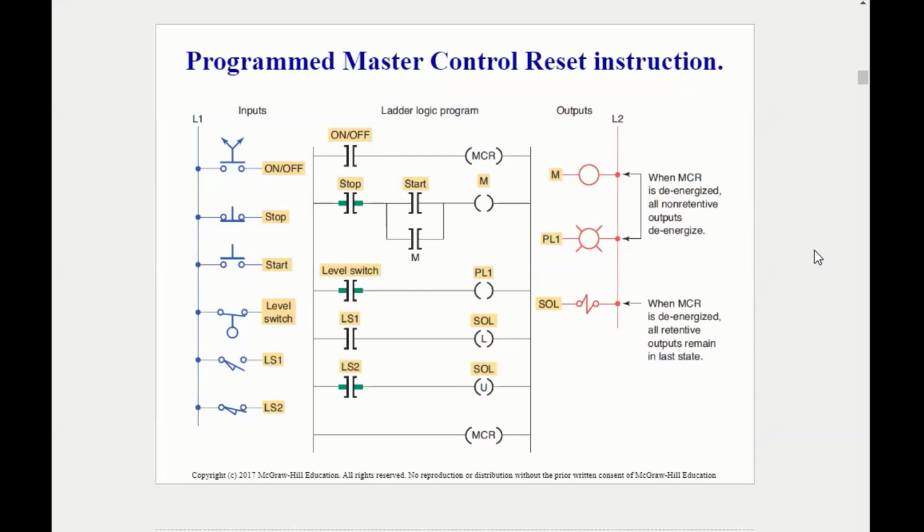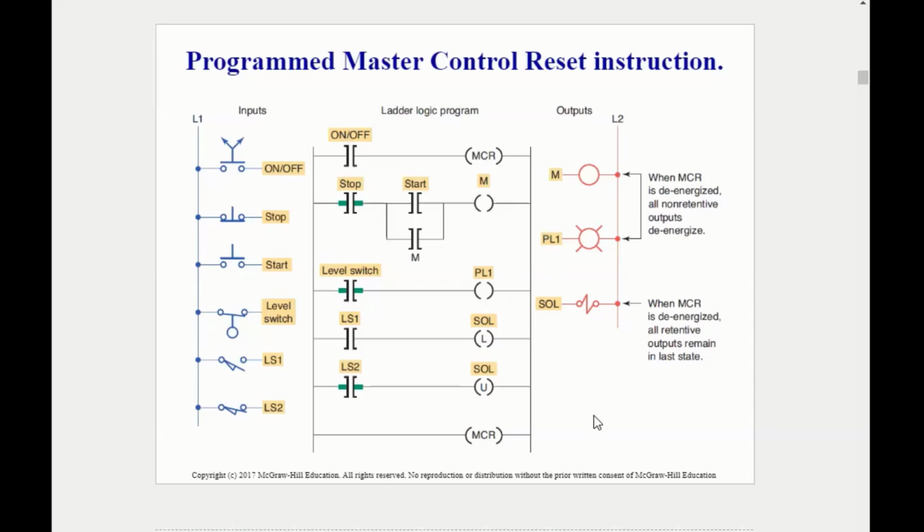Here is a program master control reset instruction. You can see it right here, at the beginning of the whole thing. If that MCR is not engaged, nothing else is going to happen. That's what the MCR does. There's a note here that when the MCR is de-energized, all non-retentive outputs will be de-energized, but all retentive outputs remain in their lit state.